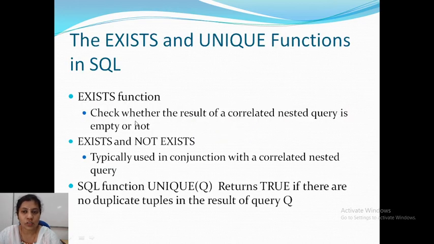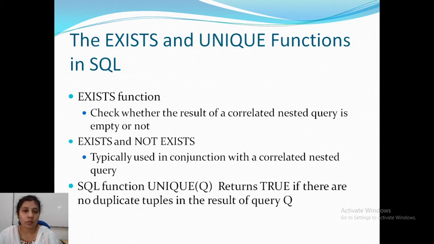The exist function checks whether the result of a correlated nested query is empty or not, and you can also use not exist. When you use the exist function, it returns true only if the query results in at least a single tuple, but not exist will return true if the query results in an empty set or empty result.